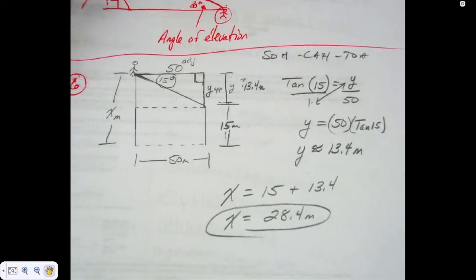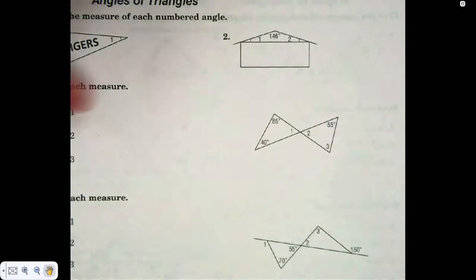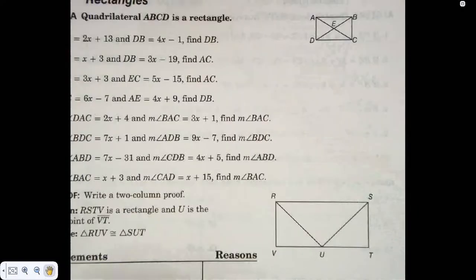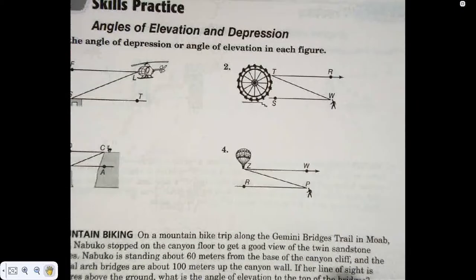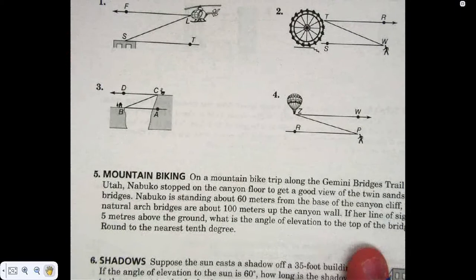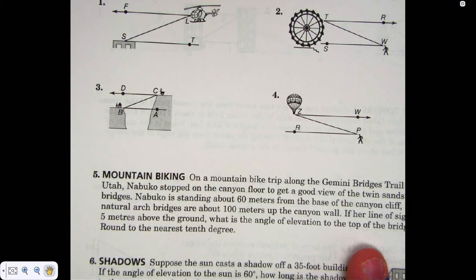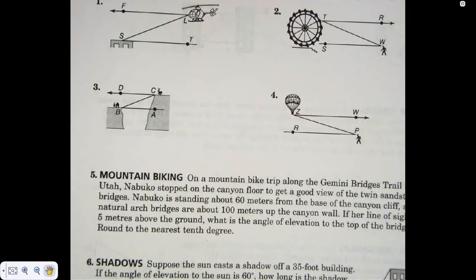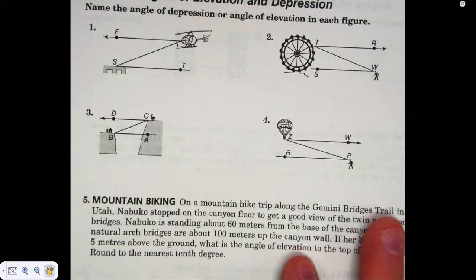All right, let's open our little red books. On these little red books here, when you have a person or a vehicle, do it from the perspective of the person.